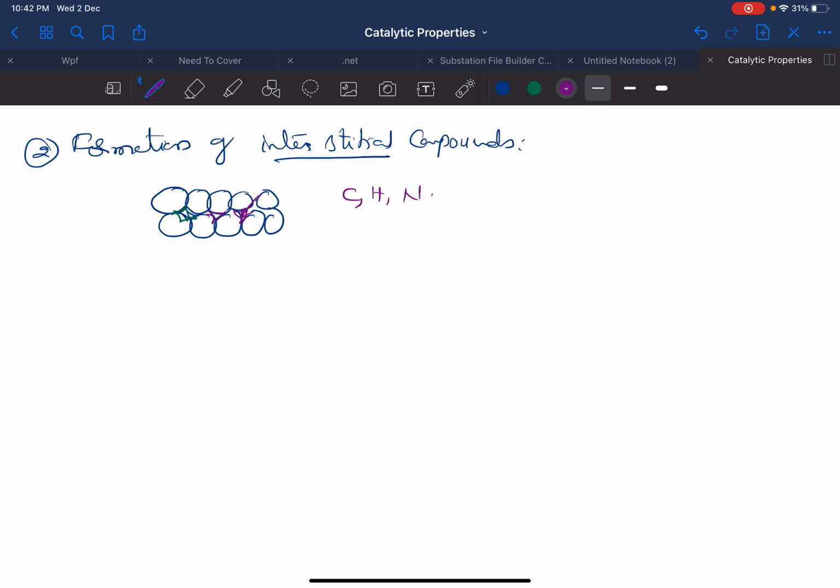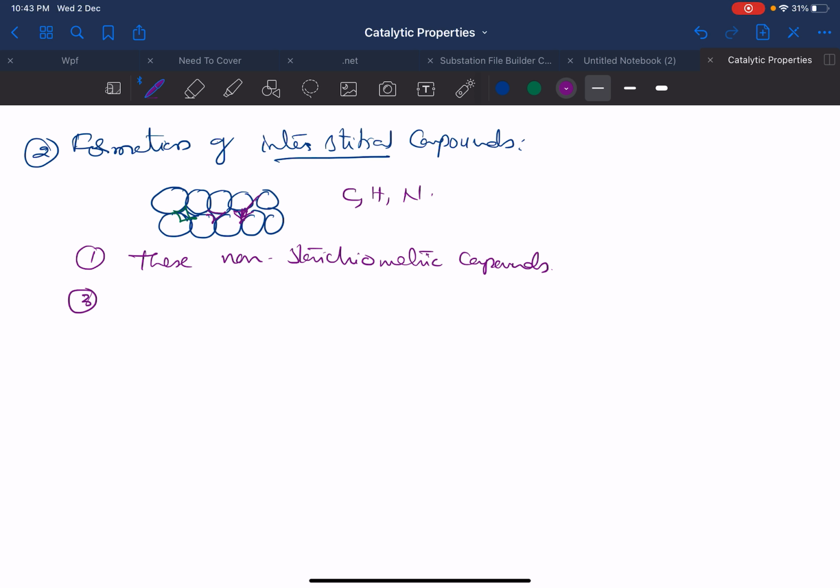They are usually non-stoichiometric compounds, as we have already learned in the solid state.